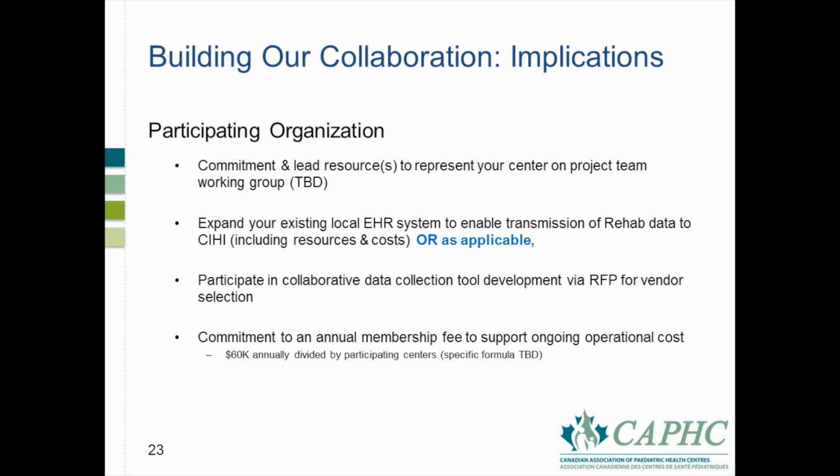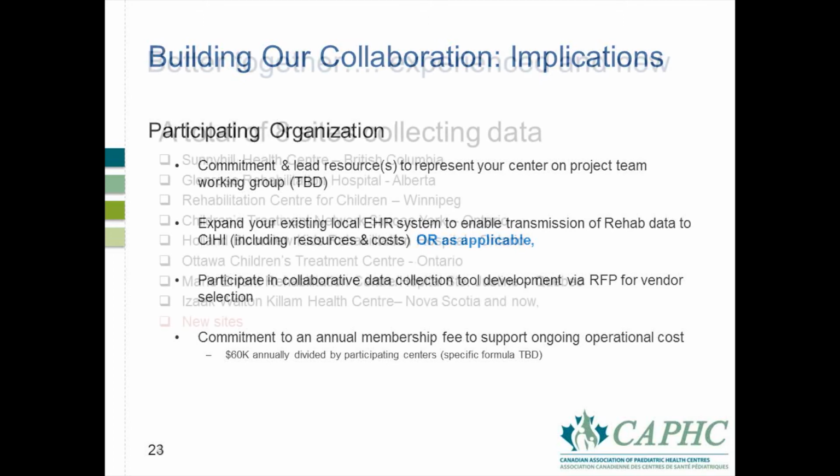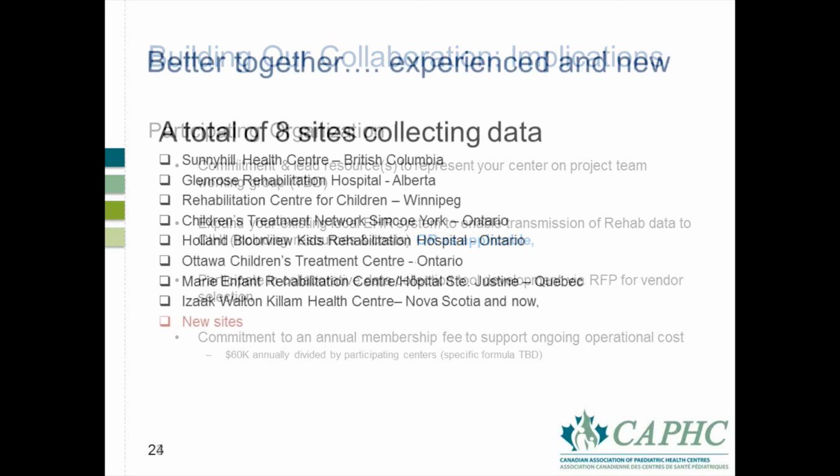There may be varying scales depending on the size of the organization, but it's going to be a shared cost by our participating members for the ongoing operational costs. We know that we're working with a total of approximately $60,000. Next slide.